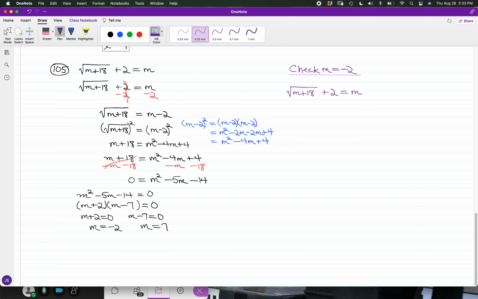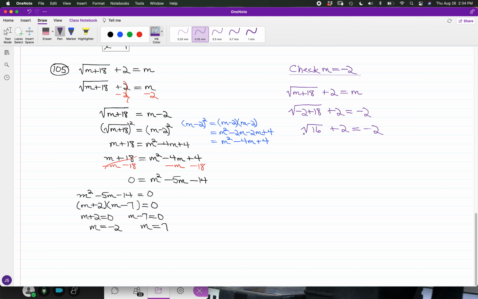You can do a bit of a visual check. But with m at negative 2, the square root of negative 2 plus 18, plus 2 is equal to m, which we have right now at negative 2. Now negative 2 plus 18 becomes 16. So we got the square root of 16 plus 2 is equal to negative 2.